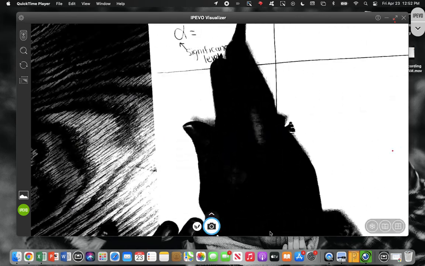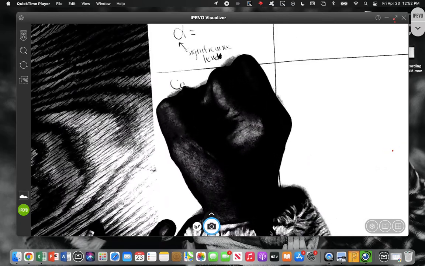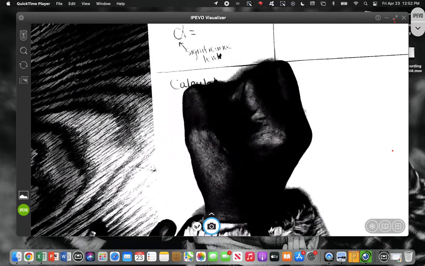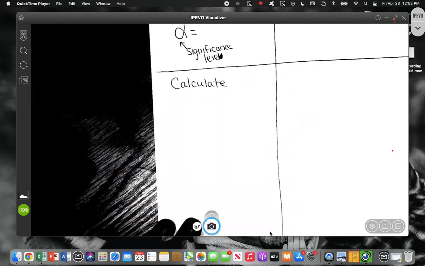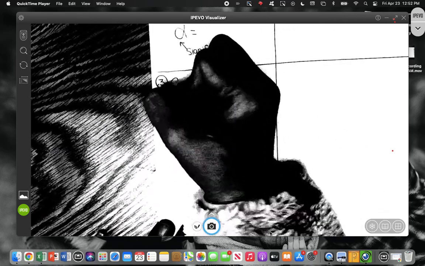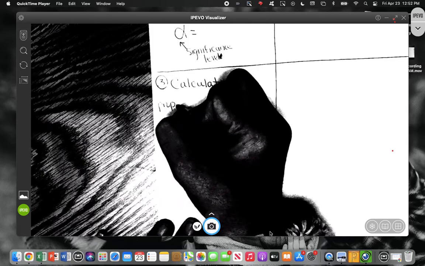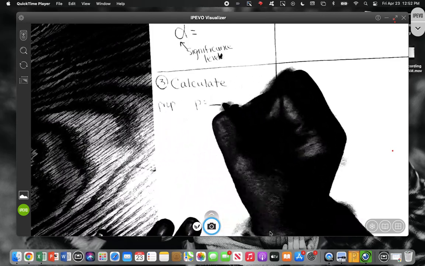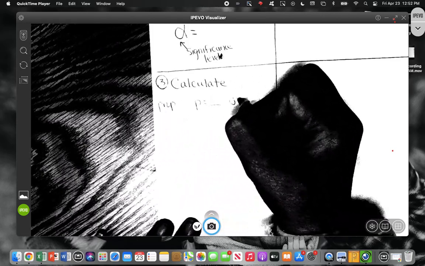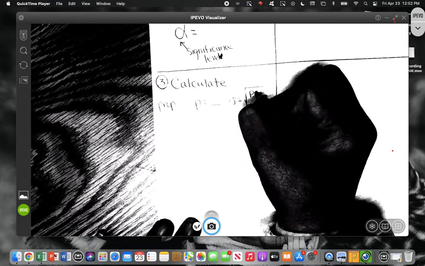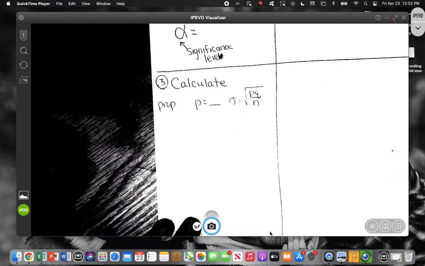So this is just setting up. Now down here we're actually going to do some calculations. If it is a proportion, you're going to do your mean and then your standard deviation, which is the square root of P times Q divided by n.